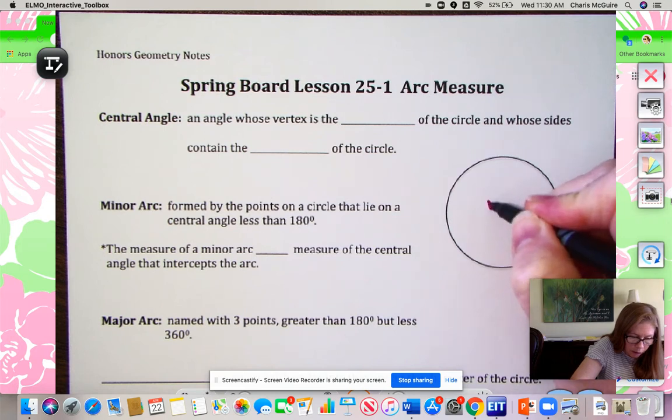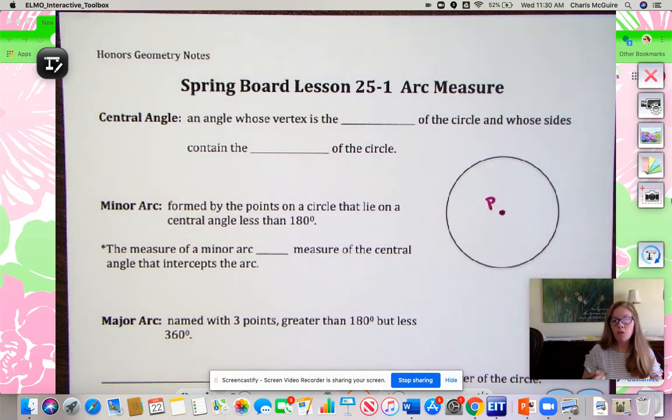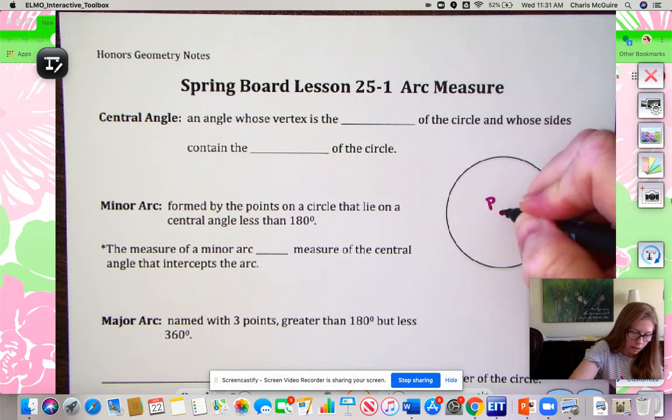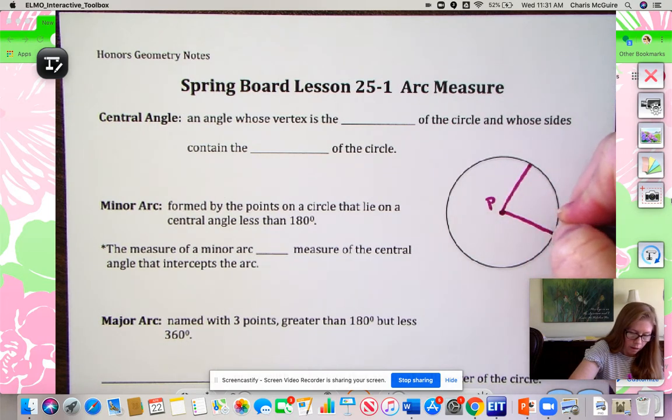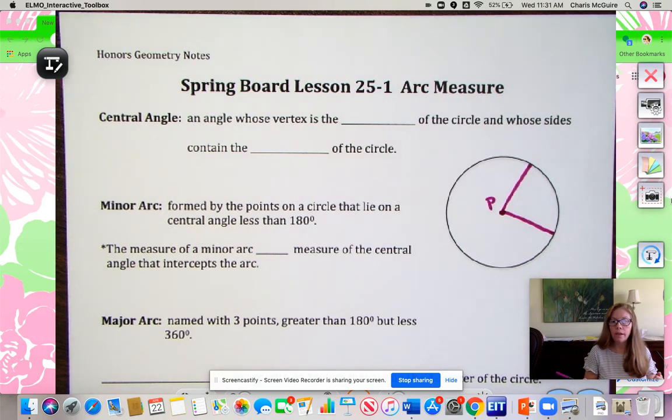We'll call it P. But a central angle, like the name sounds, it comes from the center of your circle. So the vertex is going to be the center. And there we go. So we've got a central angle and we've got a vertex P, which is the center of our circle. So it all kind of gels together and makes sense.